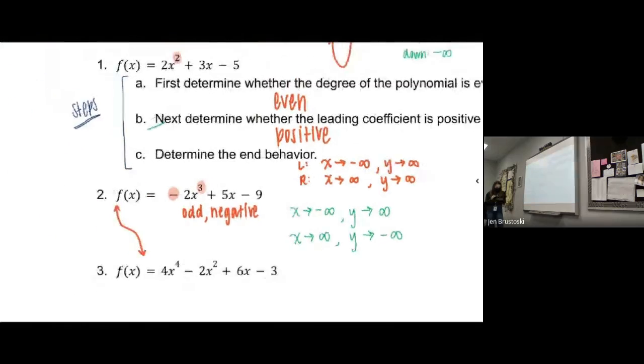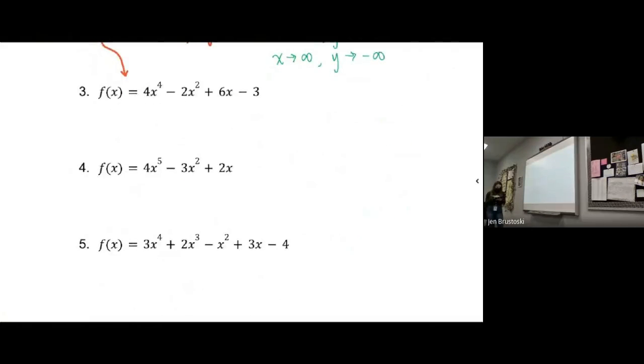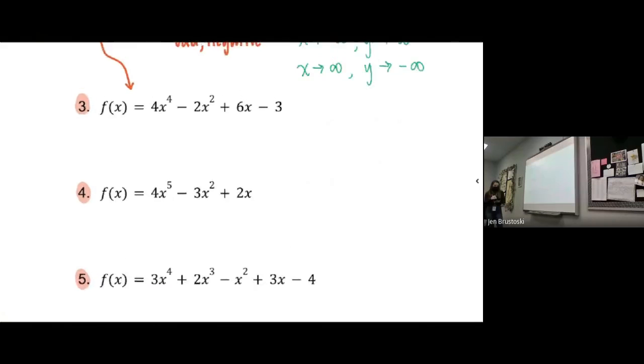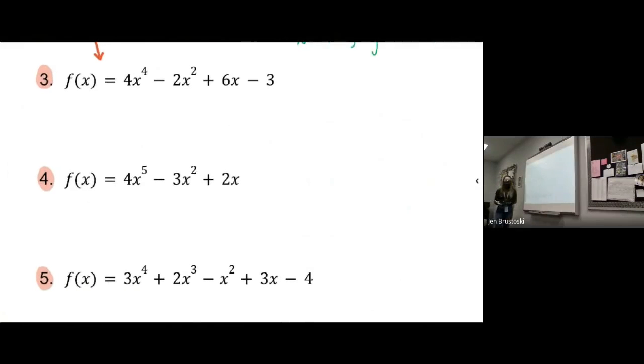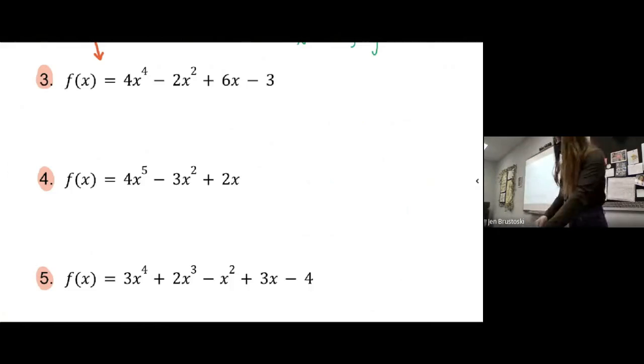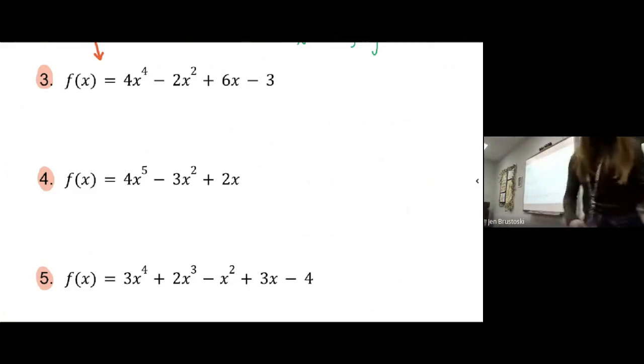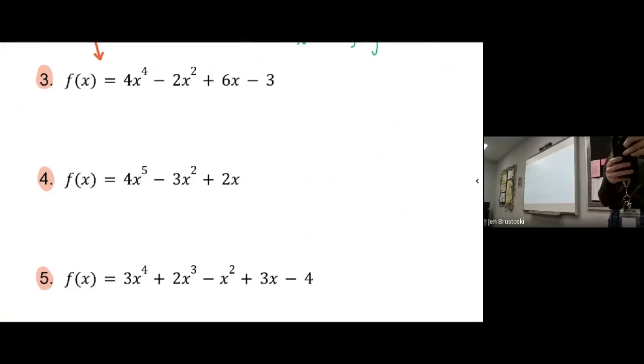Okay. So there are 3 problems left. 1, 2, 3. I'm going to give you a minute per each, so 3 minutes. I'm setting a timer. You can talk to people sitting around you. You can use your cheat sheet. But I do want you to answer those 3 questions.